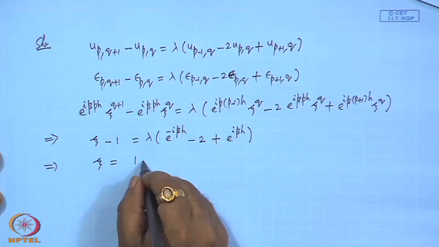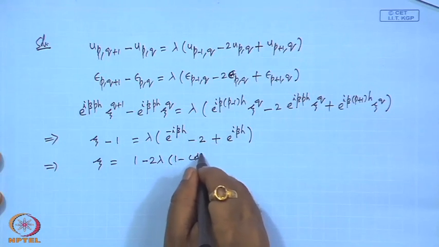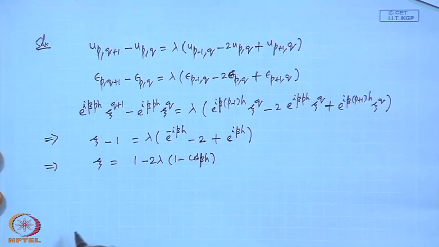So, this will be 1 minus 2 lambda. Okay.